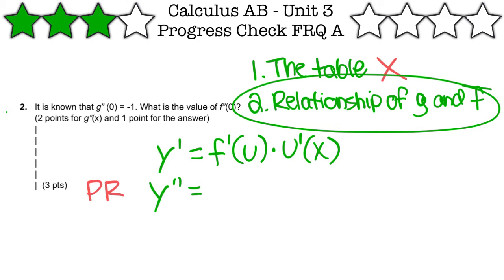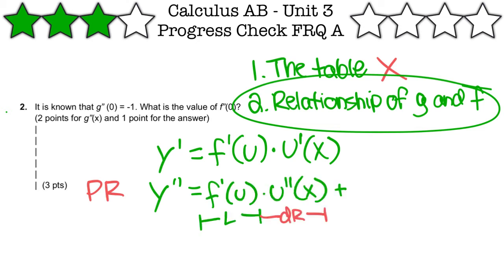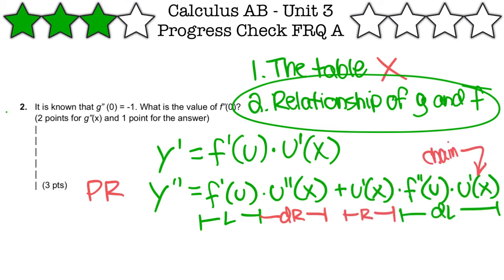Y double prime equals left d right plus right d left. Notice that the chain rule applies again, and we end up with an f double prime on the right side of the equation. If you apply this process to part 2 and plug in what you know, you'll be able to find out what you don't know, which is f double prime of 0. You can pause now to try it or keep watching.